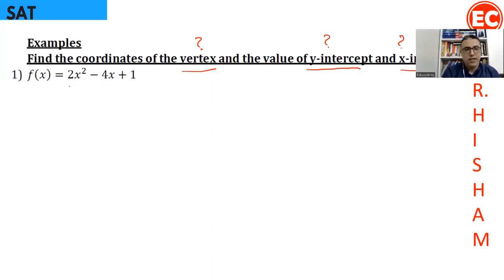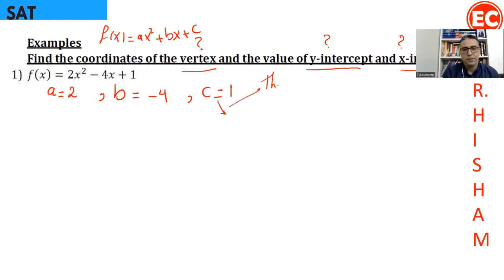First, the form is f of x equals ax squared plus bx plus c. So the first thing I'm going to do is define the value of a, which is equal to 2 here, the value of b, which is equal to -4, and the value of c, which is equal to 1. And from the value of c, I know that the curve intersects the y-axis at the point (0, 1).